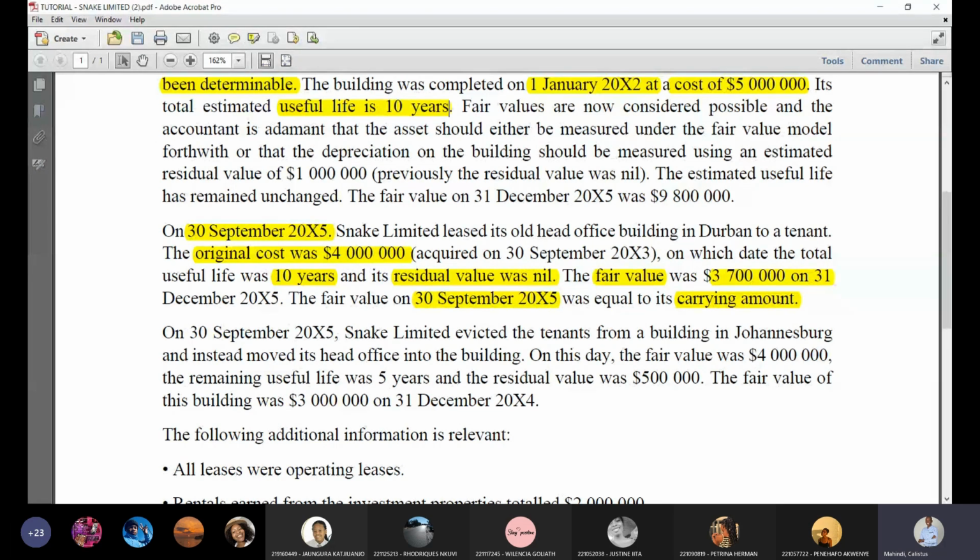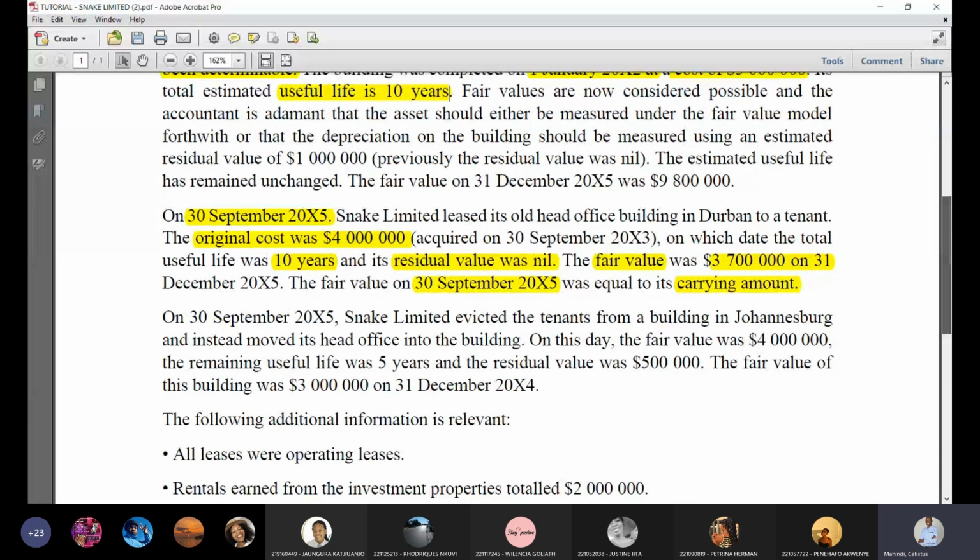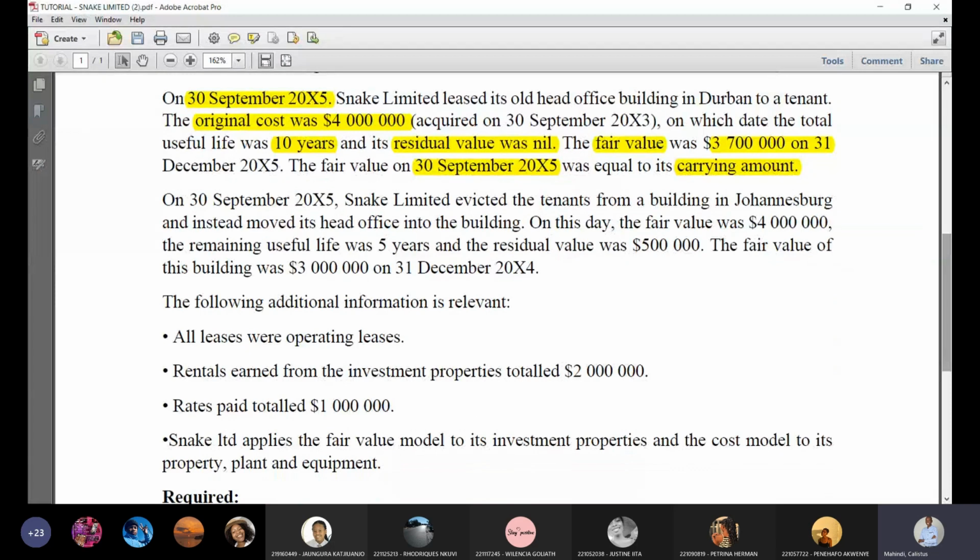The last paragraph: on 30 September 20x5, Snake Limited evicted tenants from a building in Joburg and instead moved its head office into the building. So again we have a change of use, where tenants are evicted from a building in Joburg and Snake Limited then occupies that building.